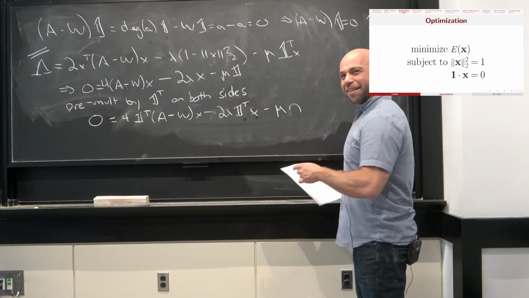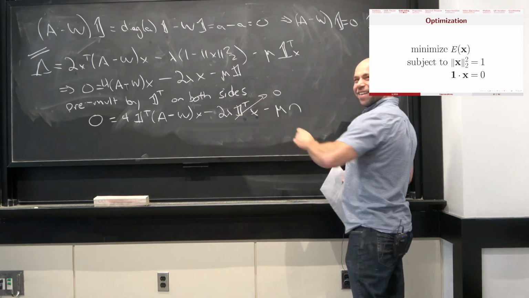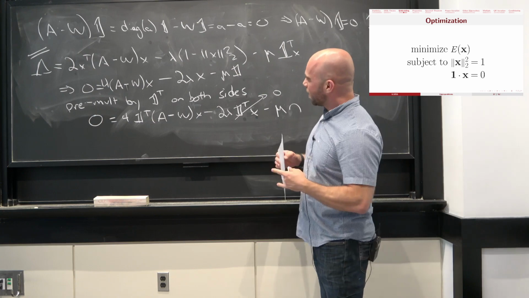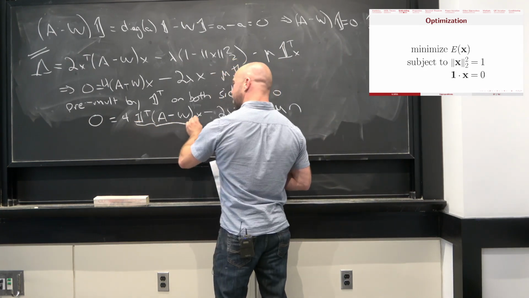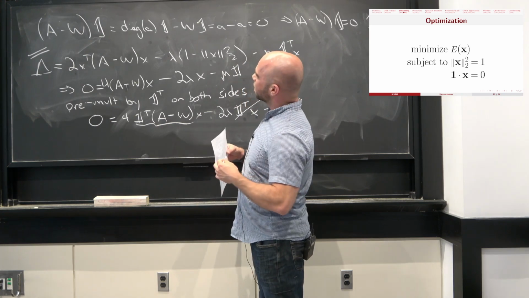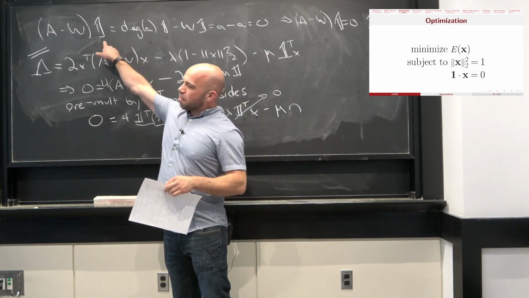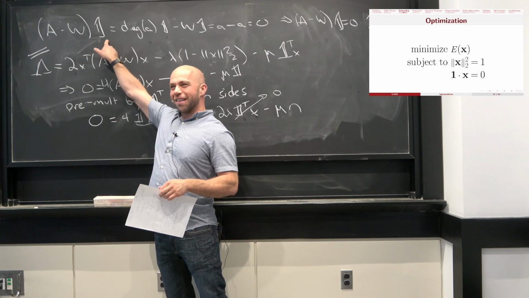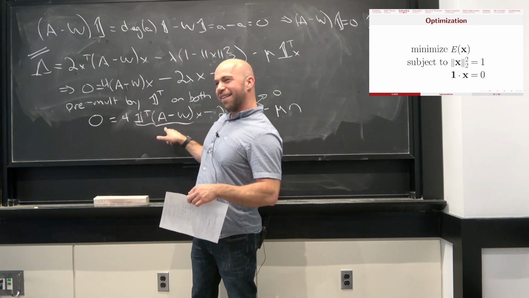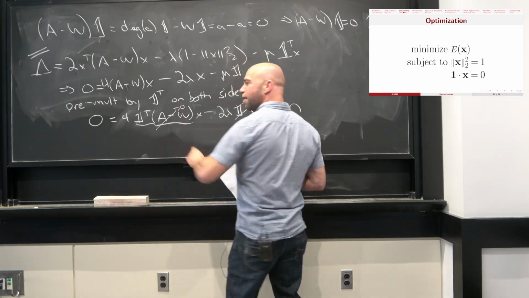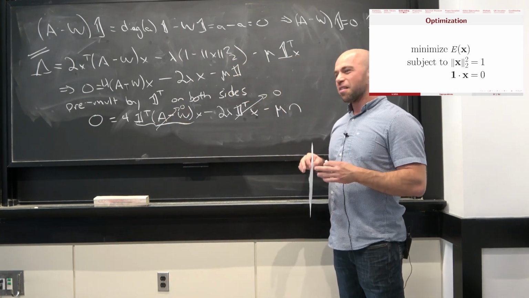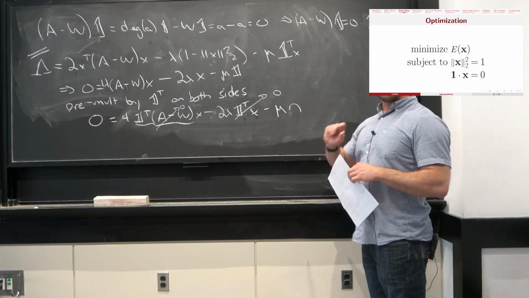First of all, what is 1 transpose x? Zero, by the constraint. We know that x sums to 0. What about the first term? If I take the expression at the top of the board and transpose it, I get this expression. In fact, this is equal to 0 also. So what I'm left with is n times mu is equal to 0.